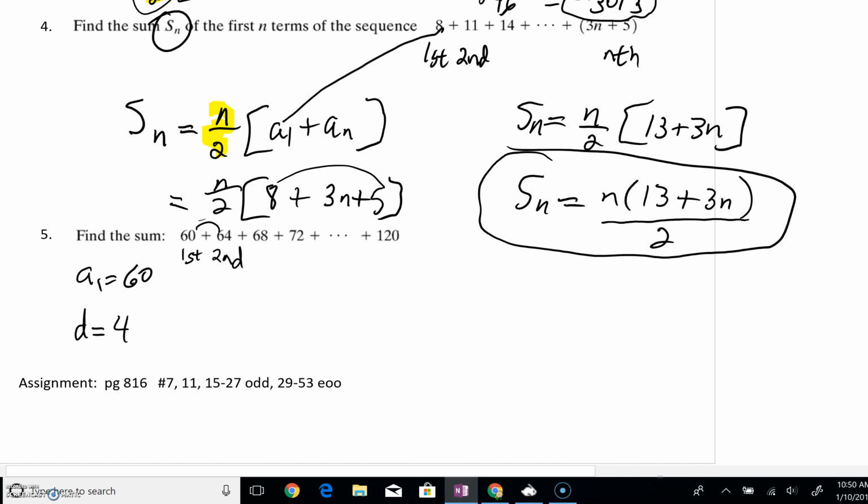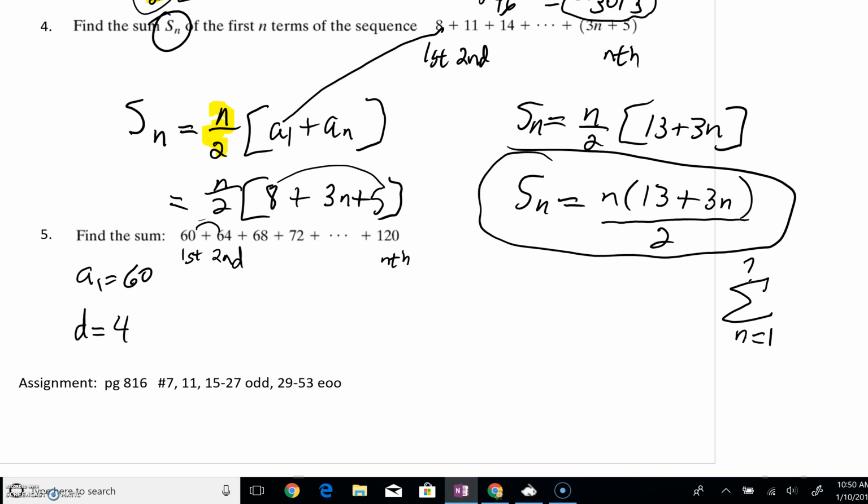It's 120, but do I know what term number it is? No. Even with sigma, I could start at 1, but where do I end? It's the same issue. I don't know where I'm ending.